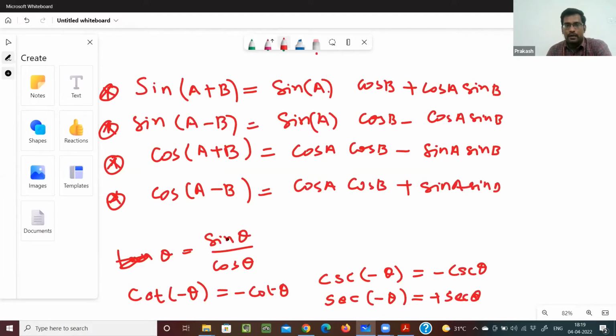So we have sine of a plus b, sine of a minus b, cos of a plus b, and cos of a minus b. From these we can also identify the product of two trigonometry functions.